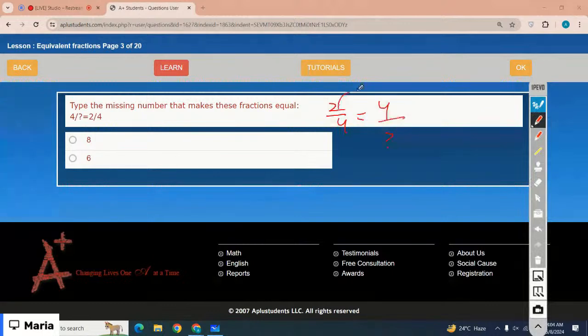So 2 times what number is 4? 2 times 2 is 4. So 4 times 2 is 8. Yes, 8 it is. The correct option is 8. So the missing number is 8.